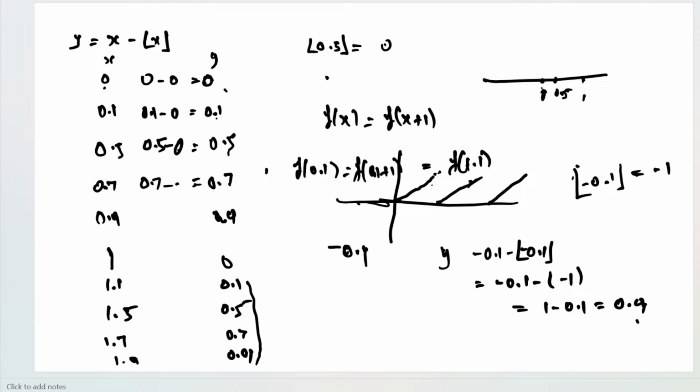This is kind of tricky, no? It is periodic. I will tell you why.